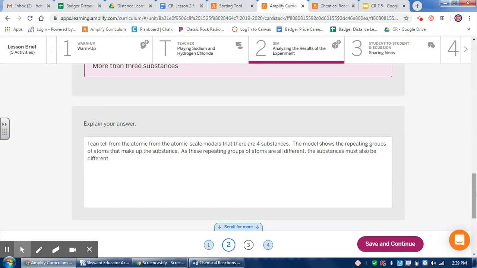As these repeating groups of atoms are every one of them different, the substances have to be different. So I had four different repeating sets of atoms, which gave me some evidence that I didn't have just three substances, but I had four substances involved in this demonstration that Lee did in the video.